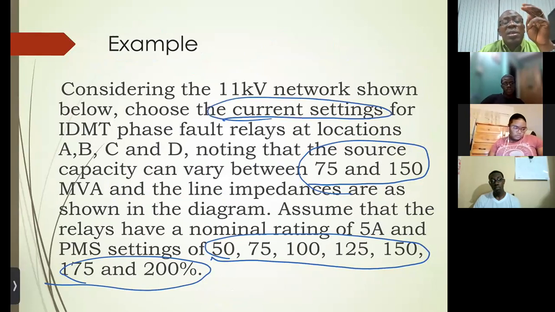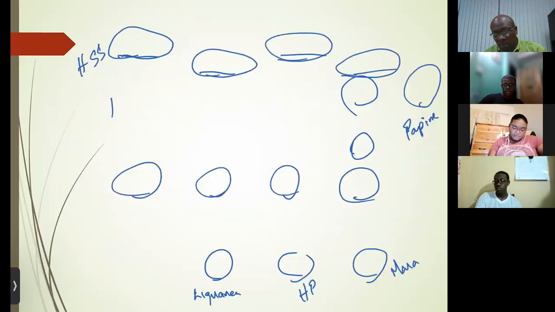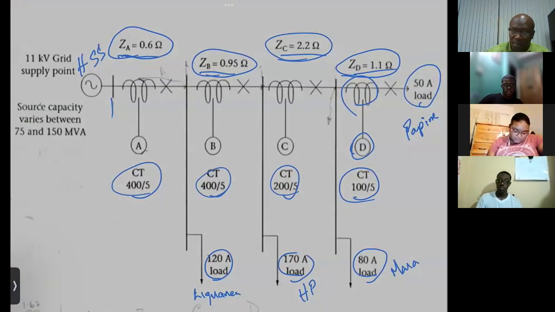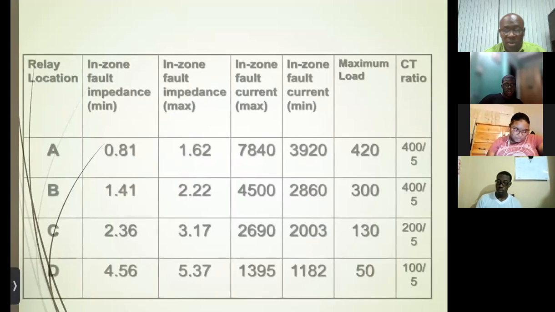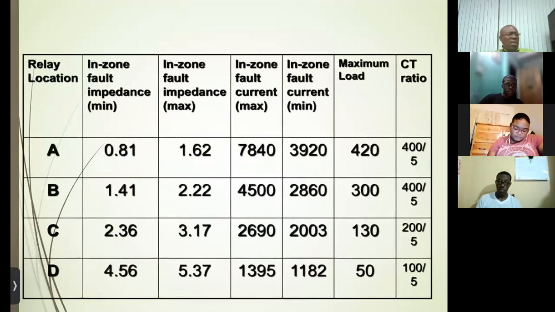So remember, how many settings do we need for your overcurrent relay? Two, sir. Two. All right, so we're going to start with the current setting. All right. So, did I give you this table?